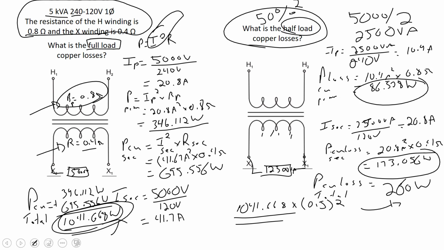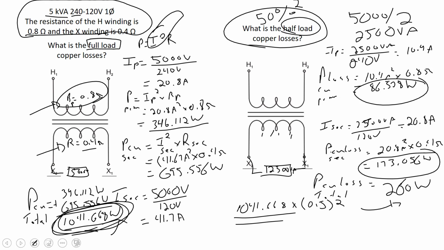So if you're ever on a question that gives you, let's say you're doing a short circuit test, and it gives you a watt meter reading during the short circuit test of 1041 or some sort of wattage, and then it says calculate the half load copper losses, or the copper losses at 75%.